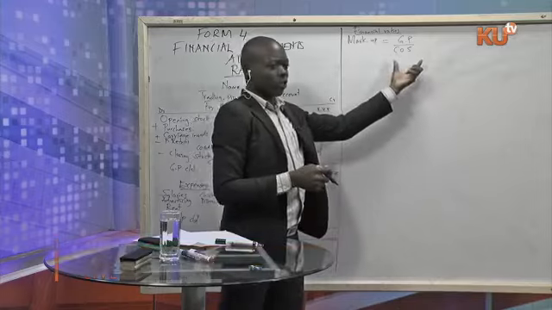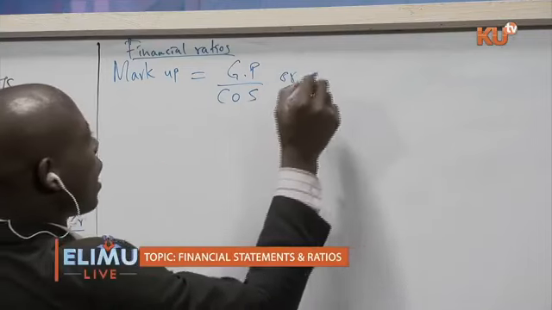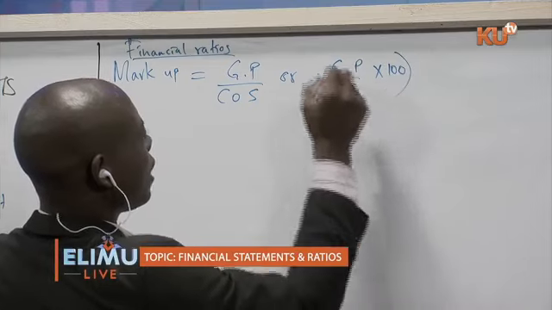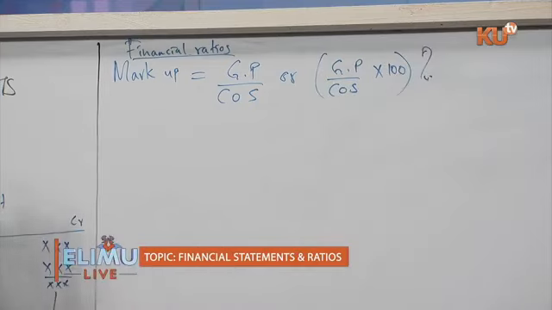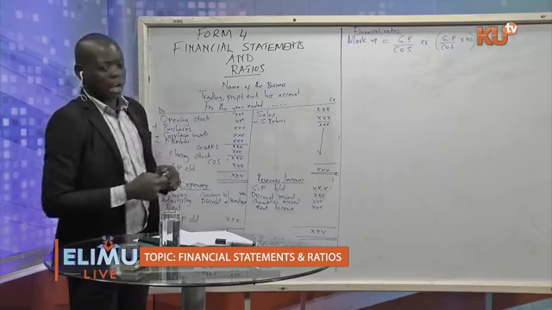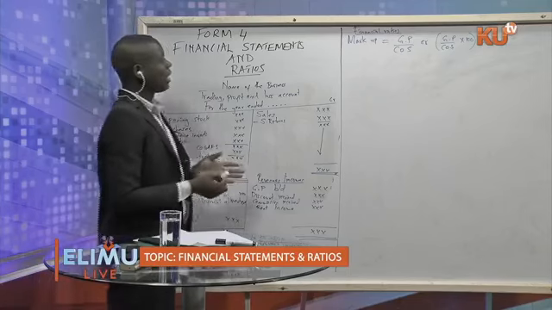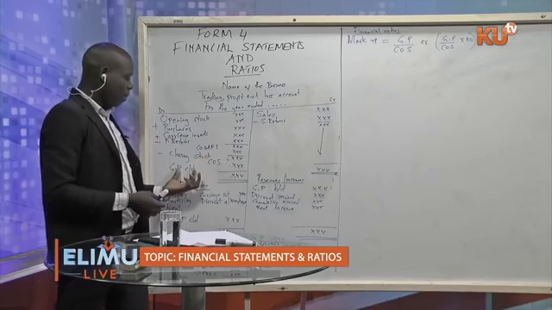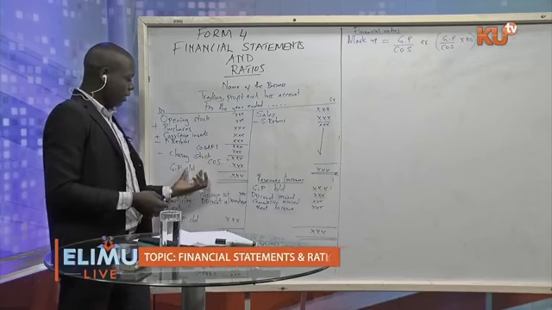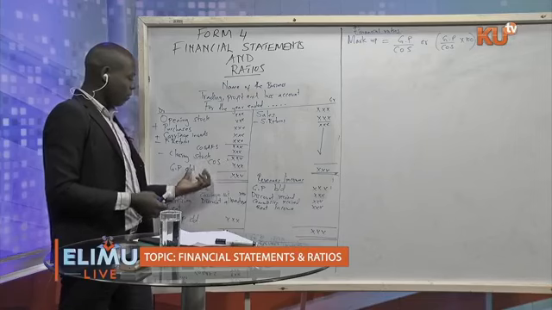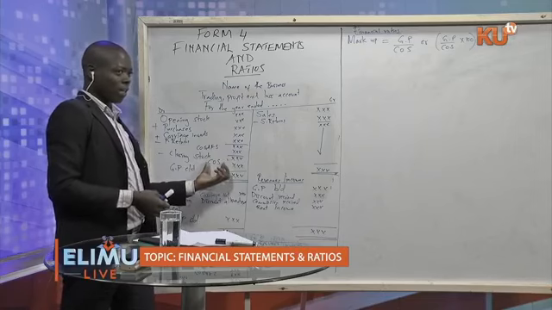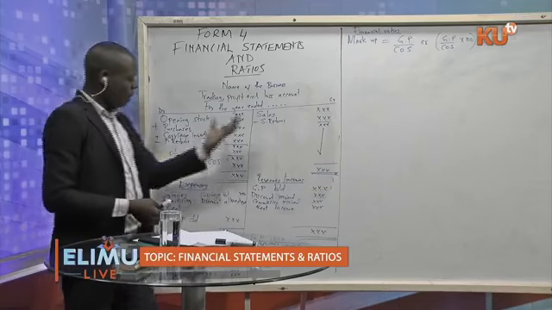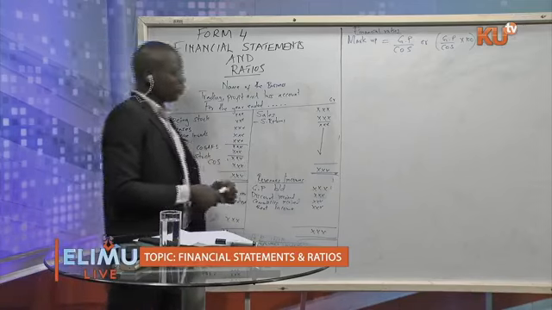It can either be a fraction, or we can say gross profit over cost of sale times 100 to get it as a percentage. So you'll simply take this figure and compare with this figure. If this is 50 and this is 100, then we take 50,000 over 100,000. That will give you the markup. Either as a percentage, you multiply by 100, or you leave it as a fraction, it will still be okay.